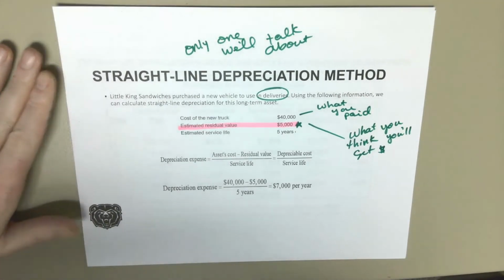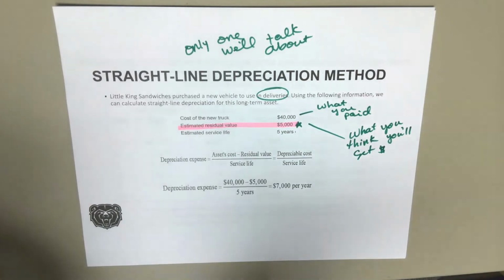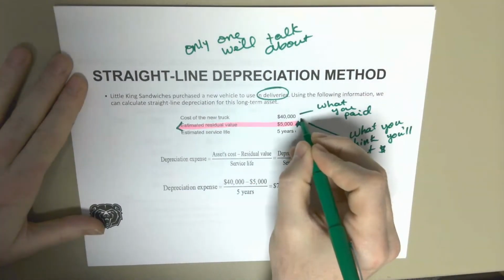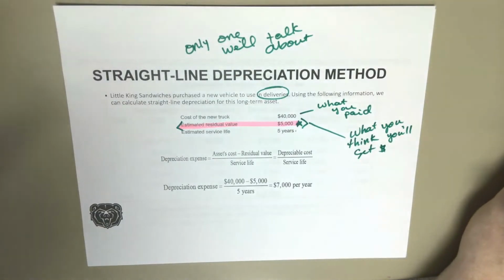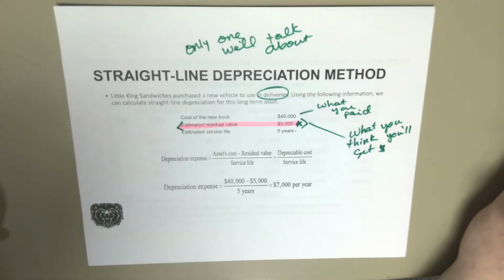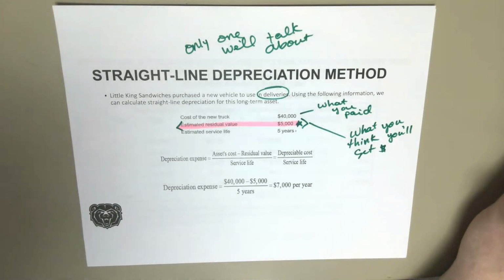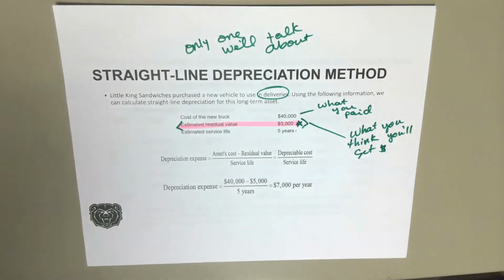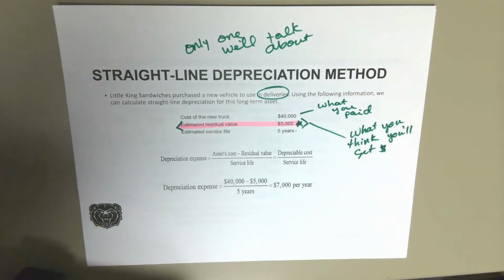You have to include that when we're doing straight line depreciation. This is a minus, right? It's the cost less that estimated residual value, that salvage value, and then you get an estimated service life, 5 years. They tell you we think we will use this asset for 5 years.